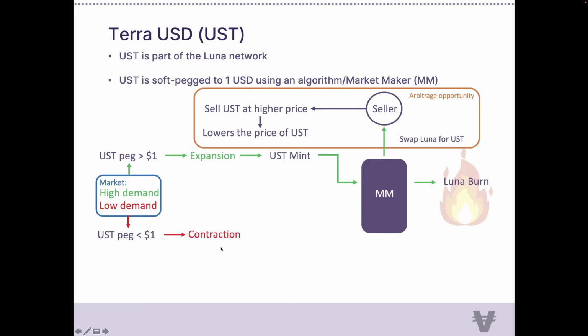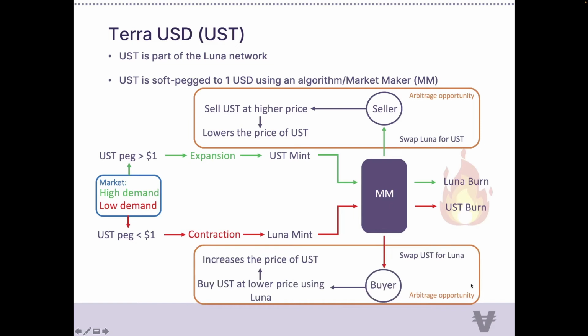This will cause something called contraction, and contraction, of course, means that the supply becomes smaller. So Luna will be minted, and the Market Maker protocol can then burn the USD, causing the contraction of the USD market, or it can create this arbitrage opportunity.